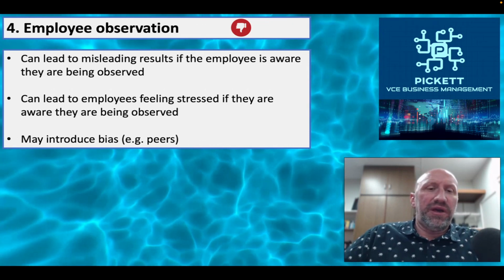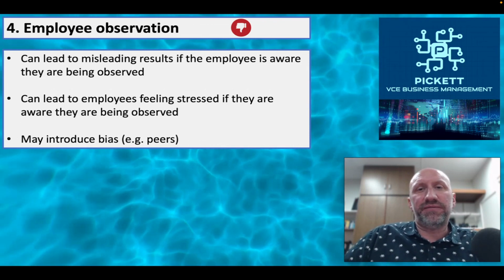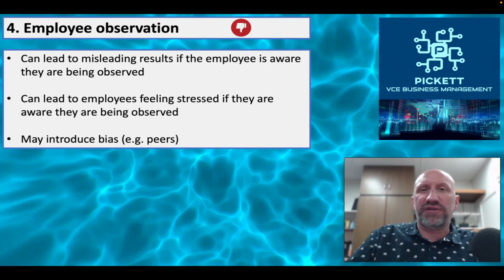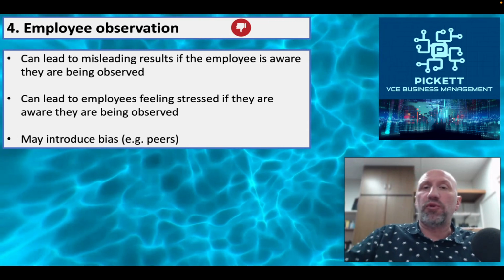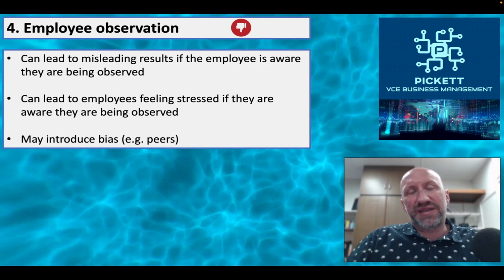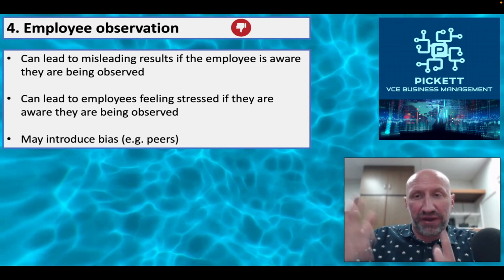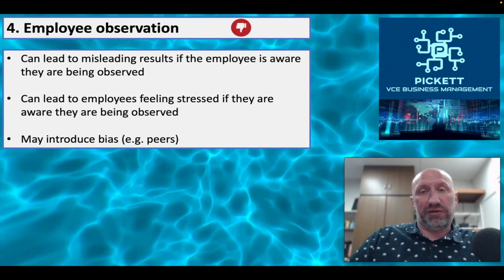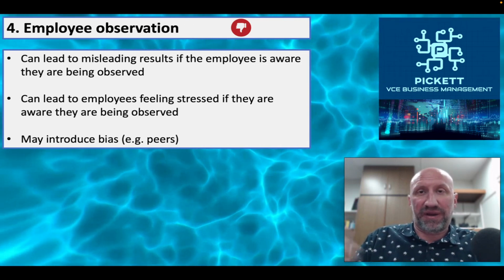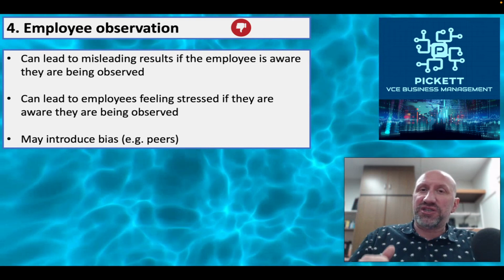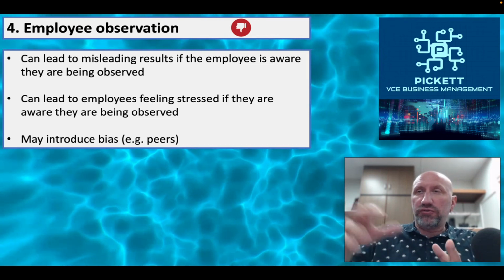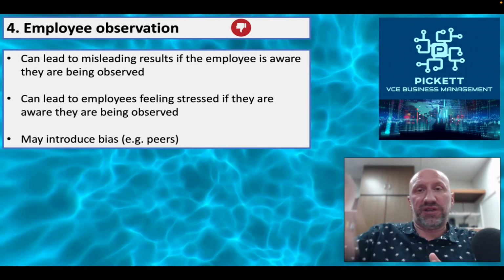So there's that issue. It may also introduce bias. I've said 360 could reduce bias because you're taking more than one opinion, but bias can enter the process. For example, with your peers: if they are talking to the people you work alongside in the business and getting feedback from them, you might be in a situation where you and they are all chasing the next management opportunity that crops up.